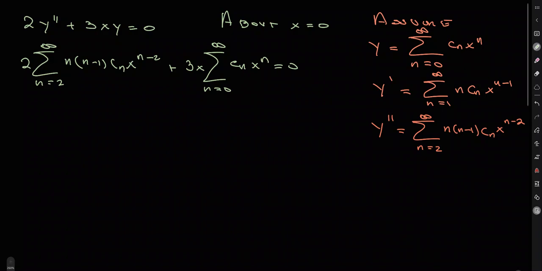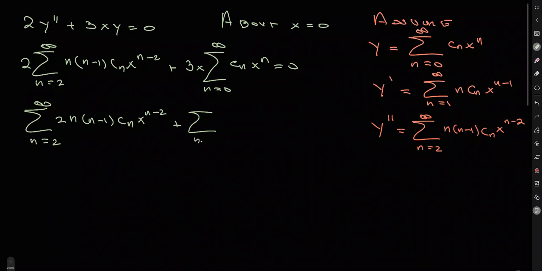All right, so there's not much to do as far as combining series. Number one, let the 3x be introduced into the second series. So sigma n equals 2 to infinity of n times n minus 1 c sub n x to the n minus 2 plus sigma n equals 0 to infinity of 3 times c sub n x to the n plus 1.